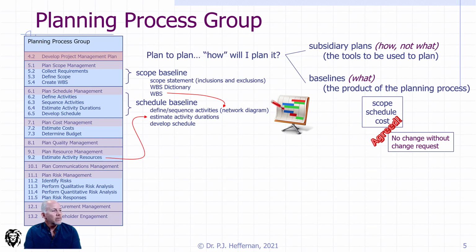And you look down the list, it says estimate activity resources. Well, clearly we can't go from a network diagram to a completed schedule without estimating our activity resources and getting those identified, because of course you're going to have resources that are not available at certain times because of interdependencies with other projects, or they're going to be assigned to one task when they could be assigned to a different task.